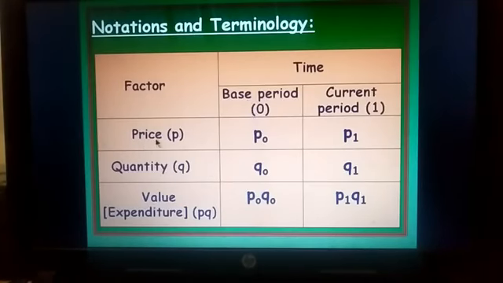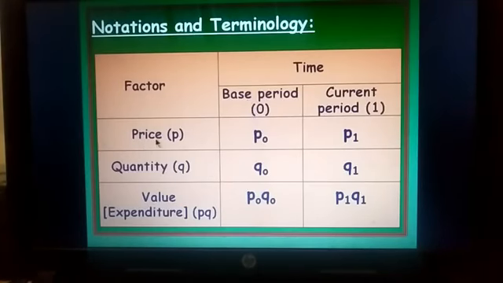Price in the base year, P and this 0, that's why it is written as P0, with the 0 as a subscript. P0 is nothing but price in the base year. P1: P is price, and 1 is the current period. That's why P1 indicates price in the current year.